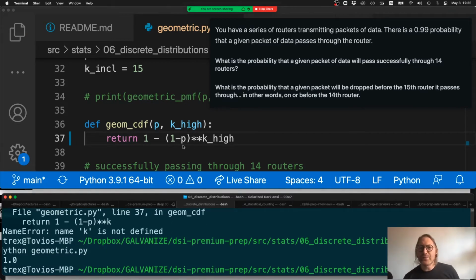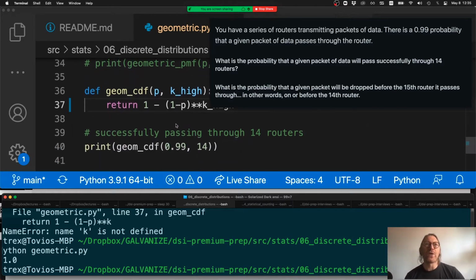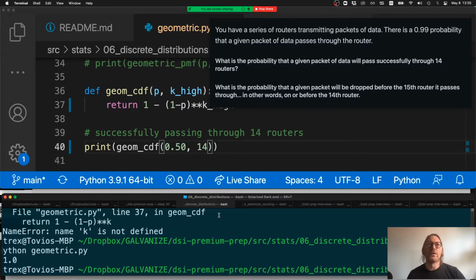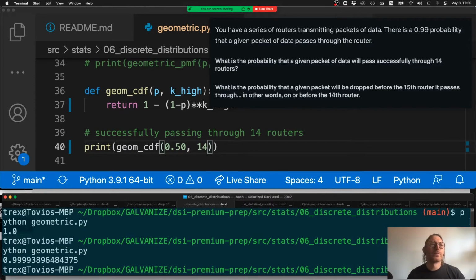So that's pretty probable, right? We're probably going to pass through that many routers. And to me, that looks like rounding error. Like if we decrease this, if there's a 50% chance of passing through a given router.